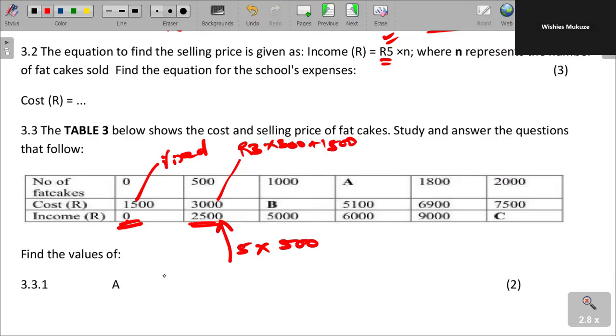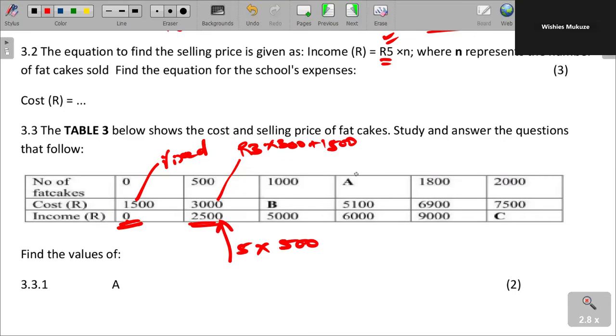So now, in order for us to know how many fat cakes were sold, we can calculate it by saying A, which is the number of fat cakes, is equal to 6,000 divided by 5, because each fat cake is sold at a price of 5 rand.